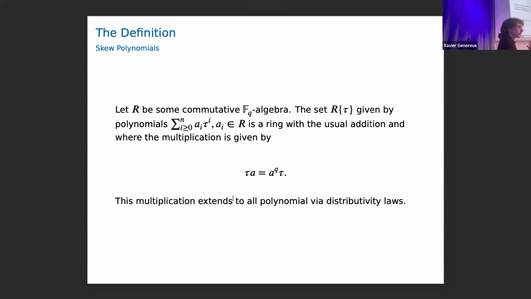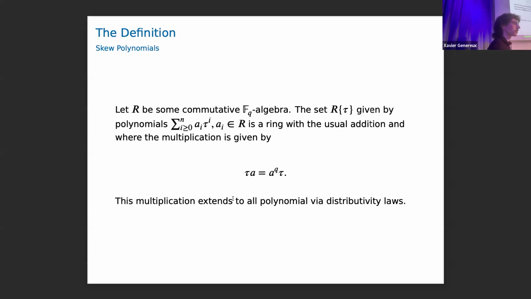Now let's see the actual definition of the infant module. I need to introduce one object, and these are skew polynomials. If I have some ring R, I'm looking at the usual polynomials, but with a twist: when I commute a constant a in R with my tau, I raise a to the q-th power.